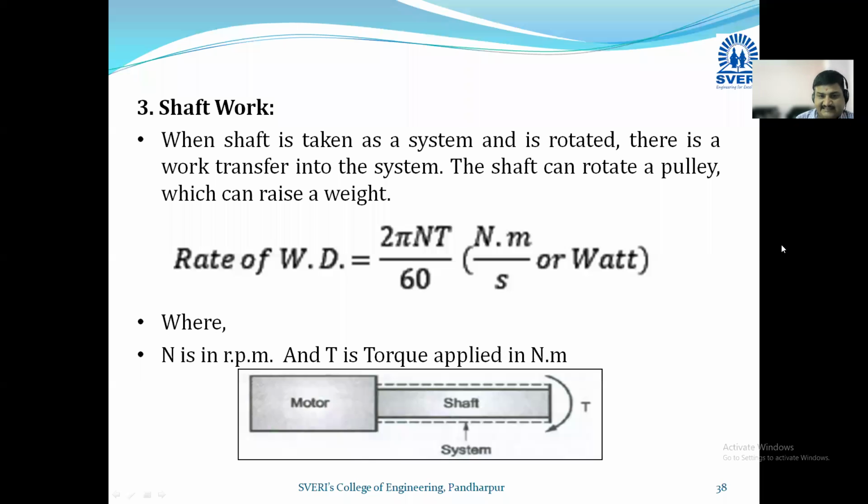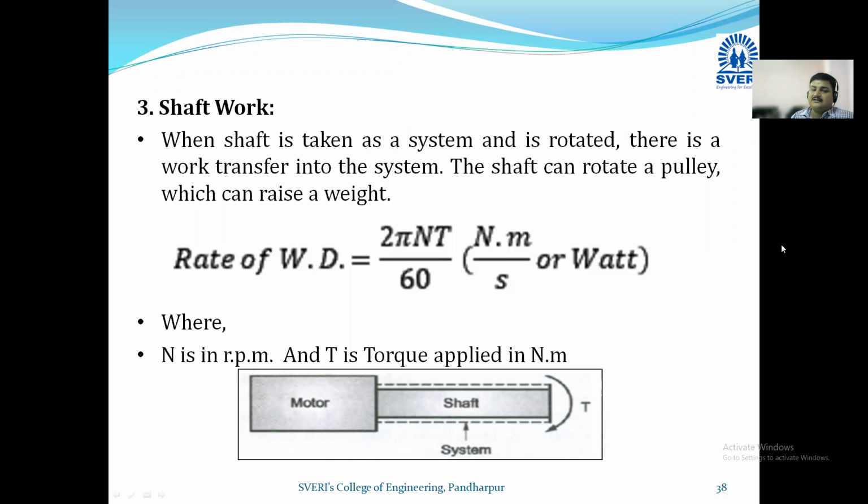Third one is the shaft work. Now we have seen in case of the power producing device and power absorbing device that one shaft is always attached to the turbines. मग ते पेल्टॉन व्हील असू दे, मग ते कॅप्लान असू दे, किंवा मग तिसरं ते आहे ते फ्रान्सिस असू दे, सगळीकडे टर्बाइन लाइक शाफ्ट लावलेला आहे.